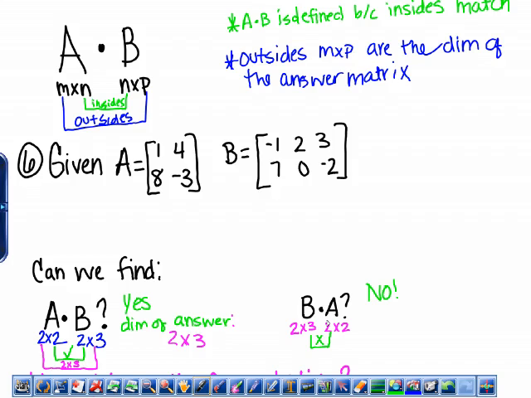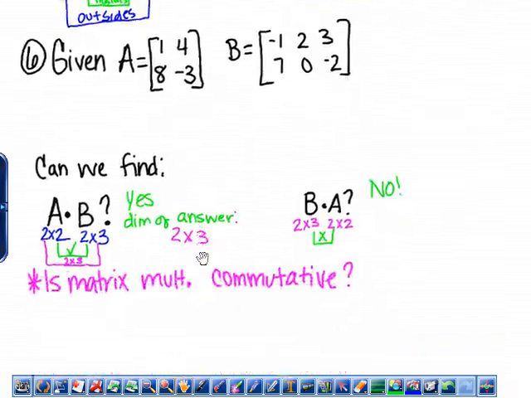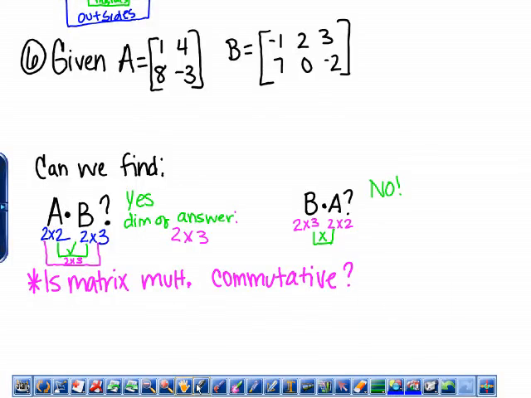What that tells us, if I can multiply A times B but I am not allowed to multiply B times A, is that matrix multiplication is not commutative. It does not work just like in real numbers, where 2 times 3 is the same as 3 times 2. Because of how we multiply matrices, they are not the same. So matrix multiplication is not commutative.